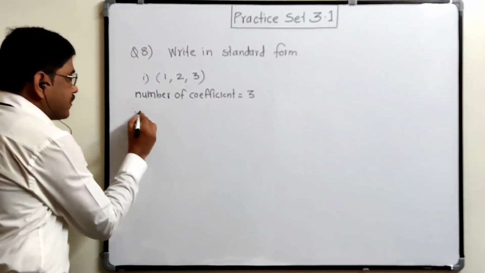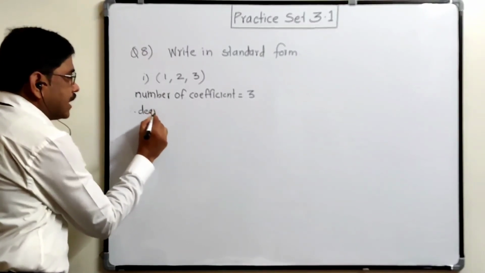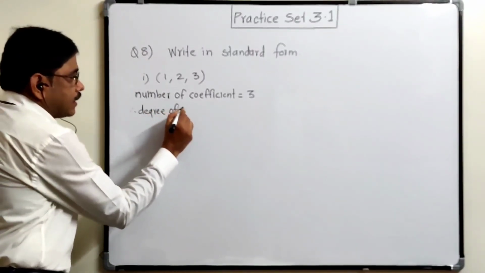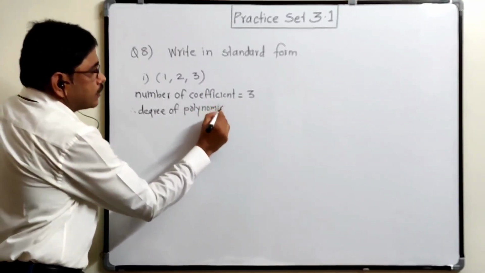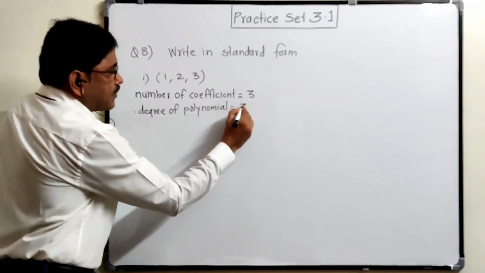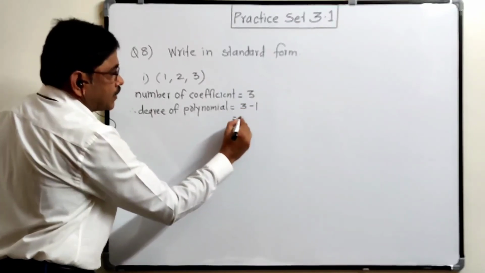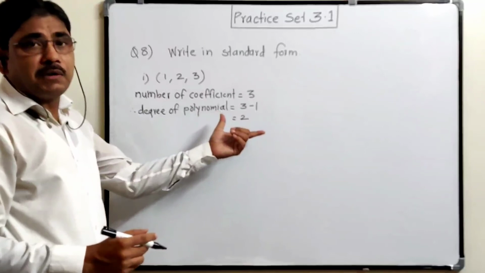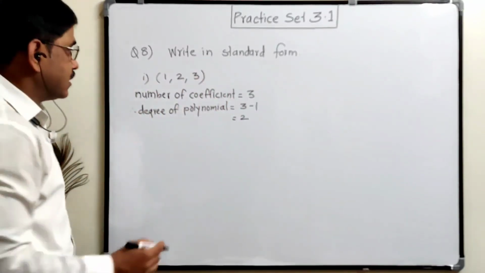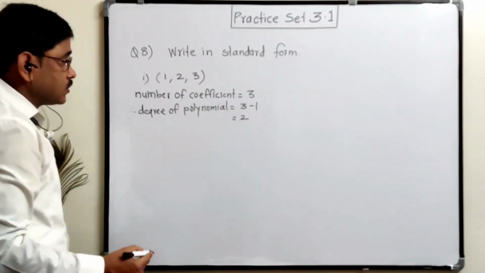From that number of coefficients we can find the degree of that polynomial. Degree of polynomial is equal to number of coefficients minus 1, which is equal to 2. We have written the formula. So the highest power is 2.